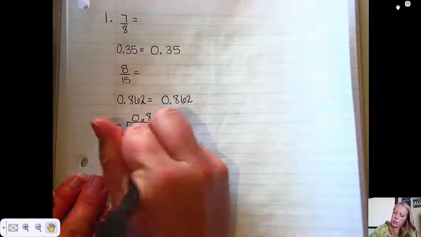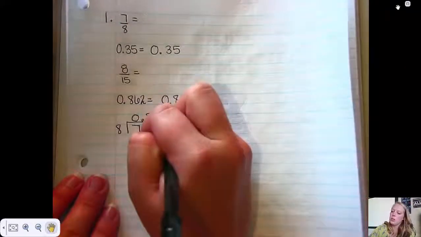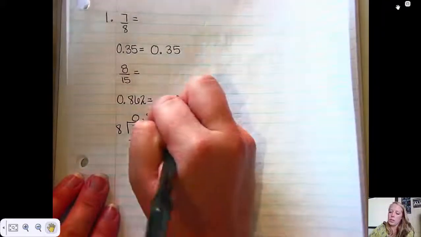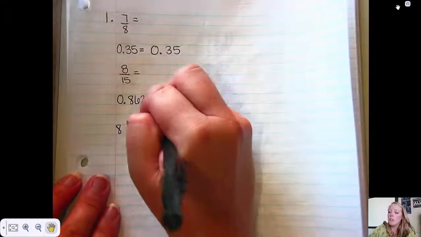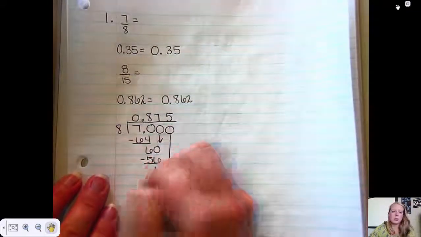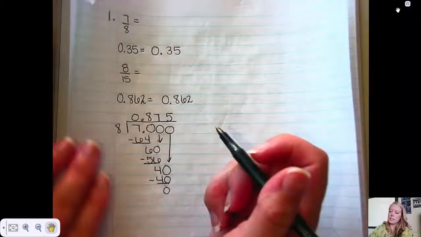Let's see, 7 times. So subtract 60 minus 56 would be 4. Drop down another 0. We don't see a repeating pattern, so hopefully this ends. 8 will go into 40 5 times, and it goes in exactly. So 7/8 is the same as 0.875.